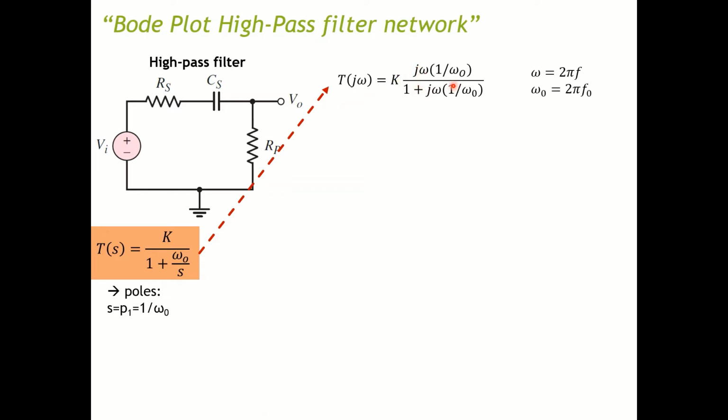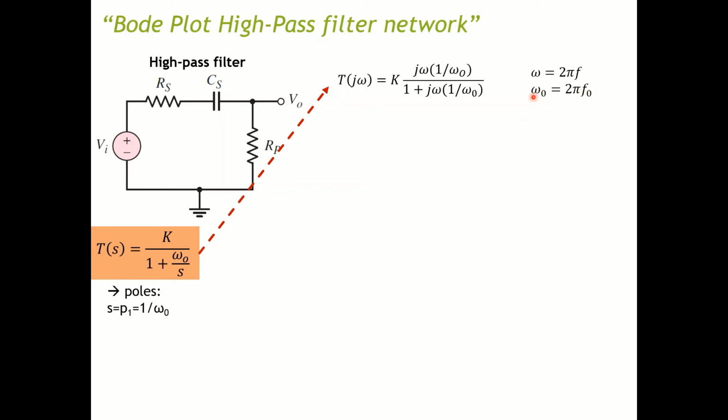If you see in these terms, I have omega, our angular frequency, which I can also represent as regular frequency in terms of 2 pi. So omega equals 2 pi f, and omega naught equals 2 pi f naught.